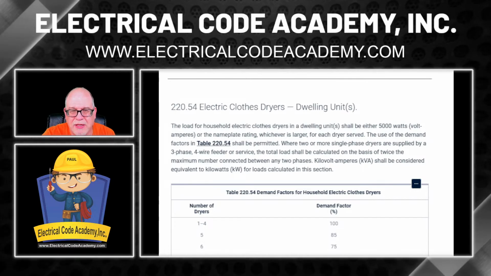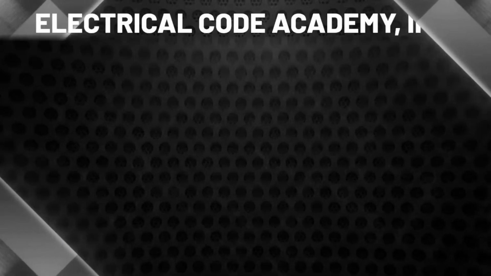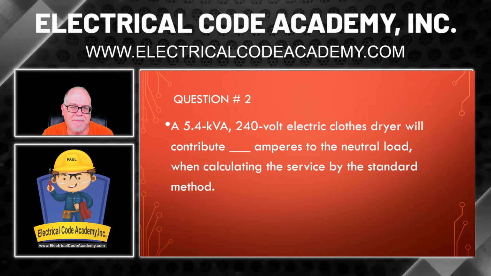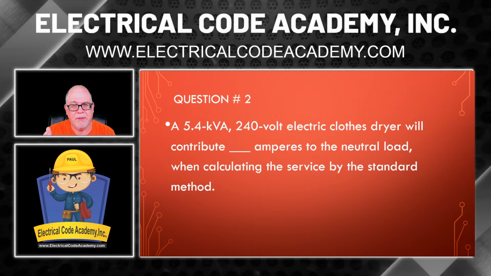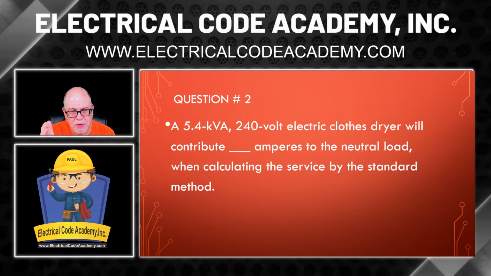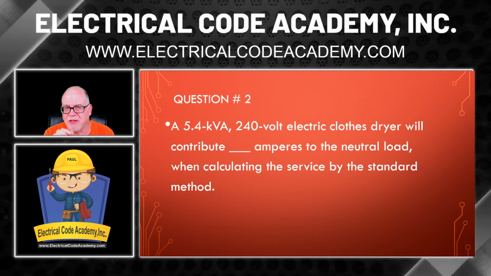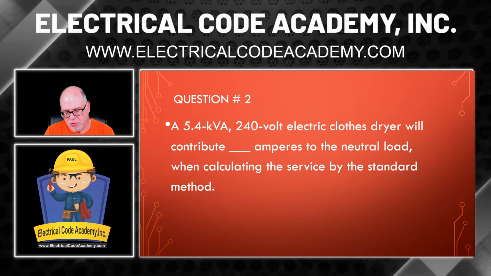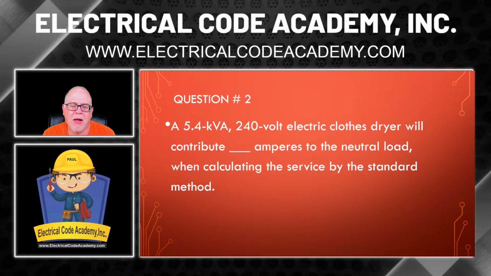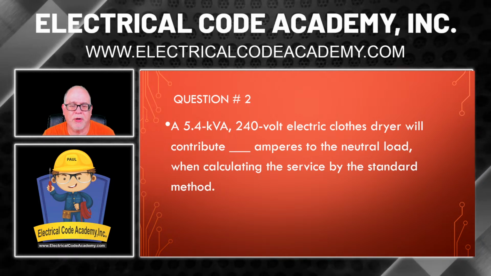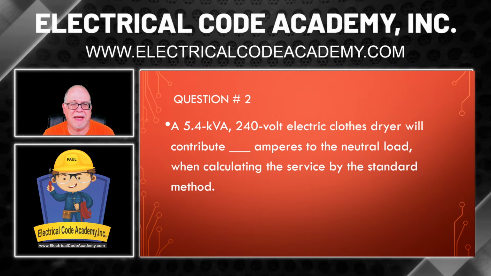So let's go back and look at our question. So there's our question. It was 5.4 kVA and 240 volts, right? So we're trying to get the amps. Now, you might be thinking to yourself, you're one of those astute students, I can tell. And you've gone and you said, well, you know what, Paul? All I'm going to do is use Ohm's law, and I'm going to take the 5.4, and I'm going to divide that by 240.